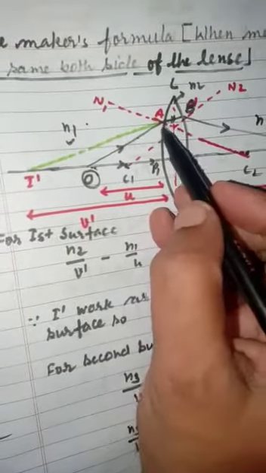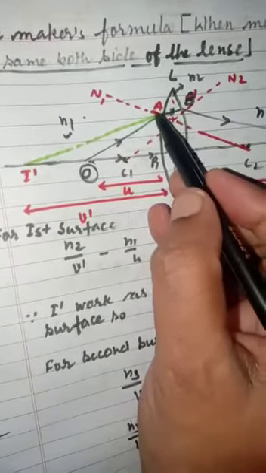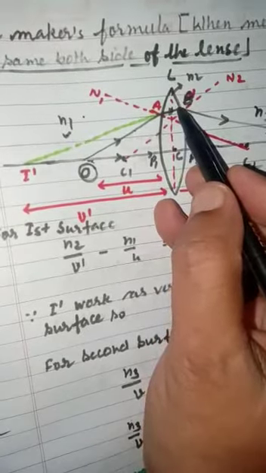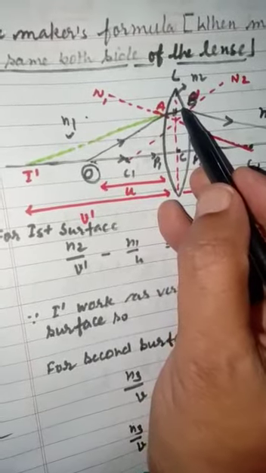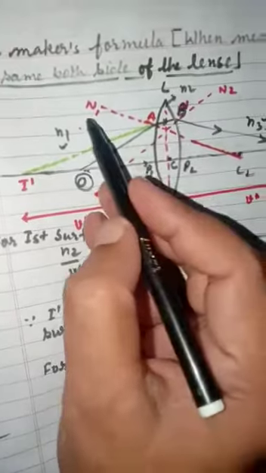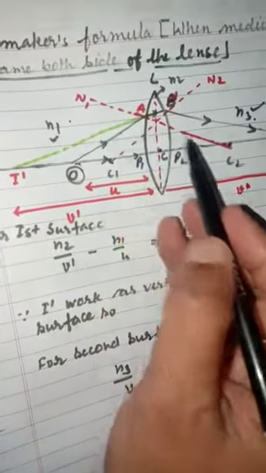The light ray travels from rarer medium to denser medium. That is why after refraction it goes along AB direction, bending towards the normal NaC2.